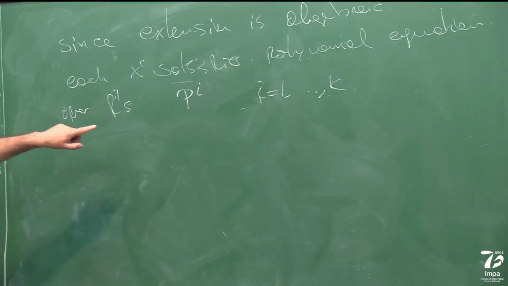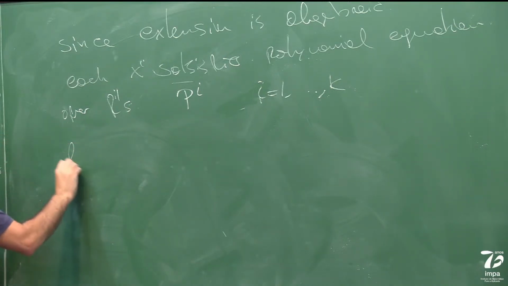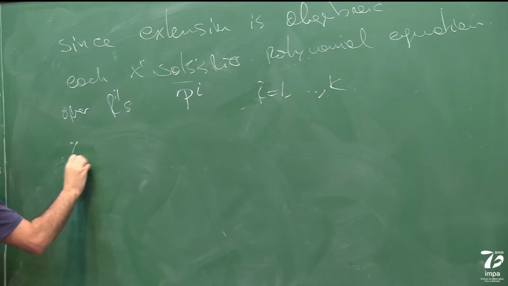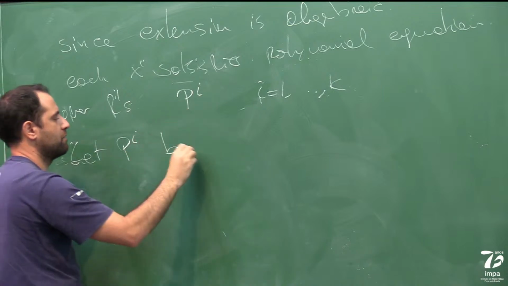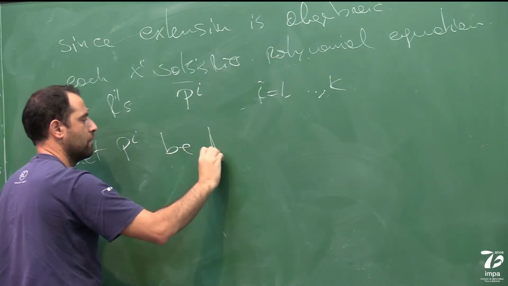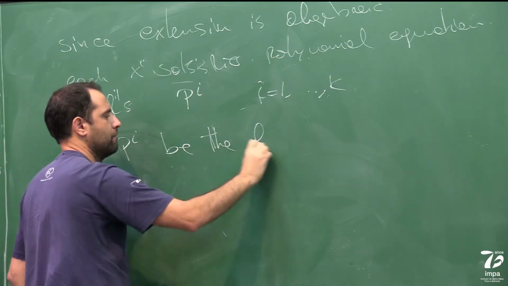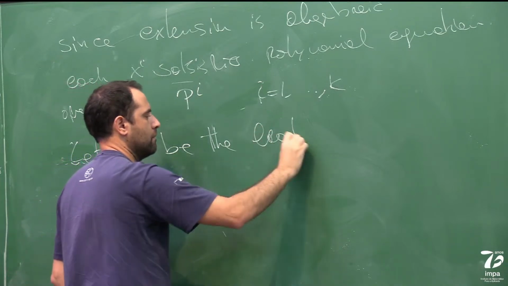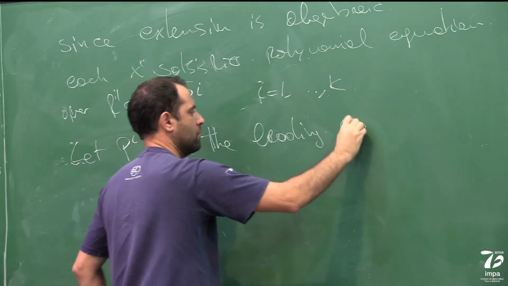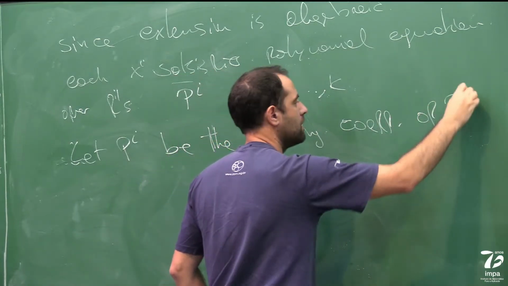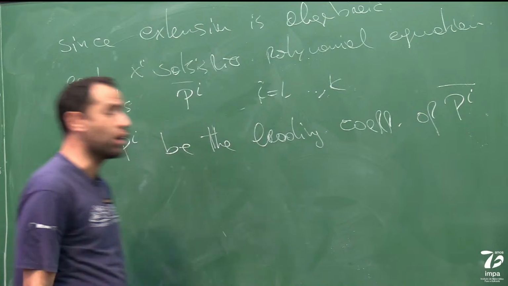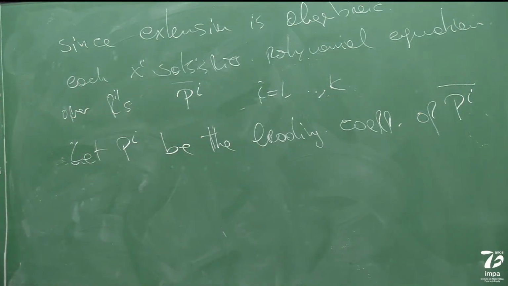So now take the leading coefficient. Let pi be the leading coefficient of this pi bar. So for each xi, you have such a polynomial pi.